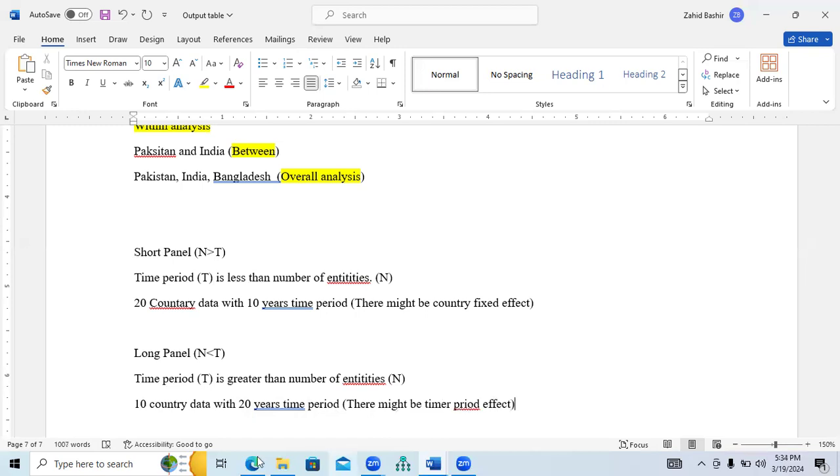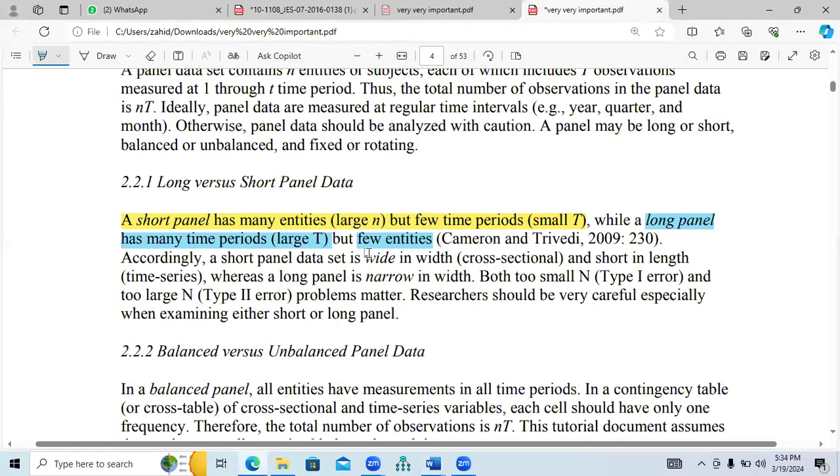So what we have learned here is that there are two categories of panel data: one is long panel and one is short panel. A short panel data set is wide in width. It means you have more cross sections and a short length in time.